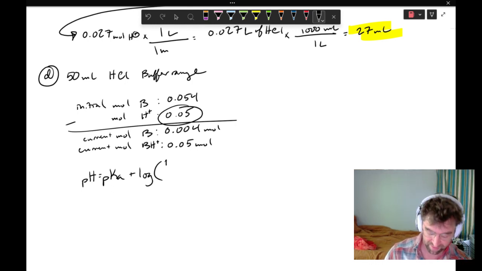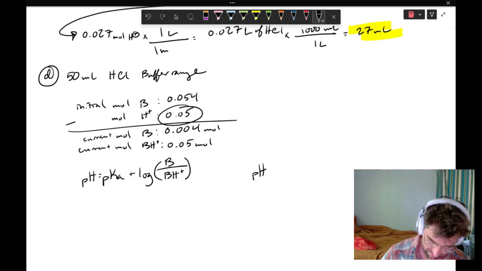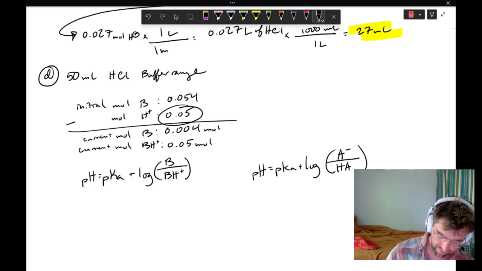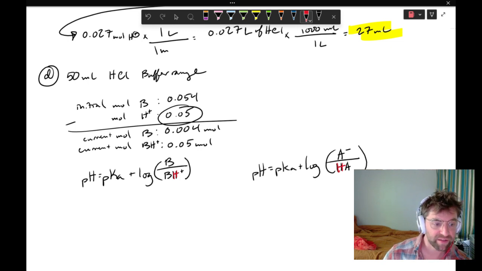All you have to remember here is that the conjugate, the one with the proton, is on the denominator. So before, we had our conjugate base over acid. All you really need to track is that proton being on the bottom, if that helps you memorize it.